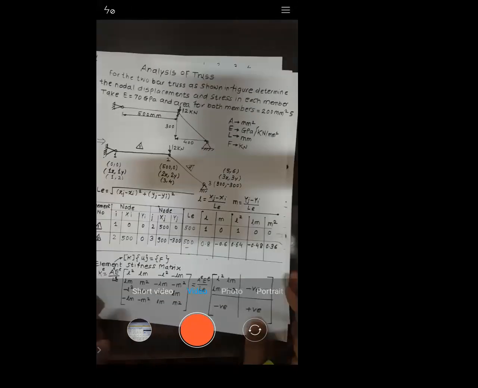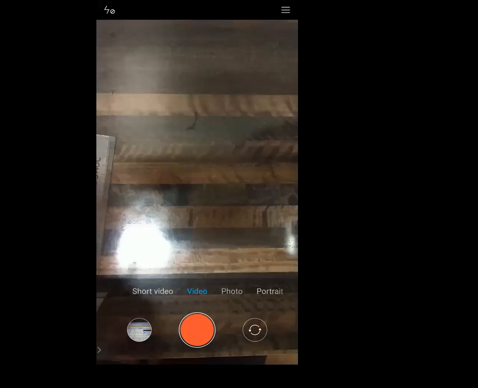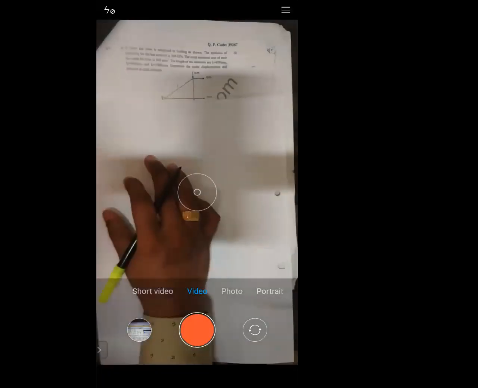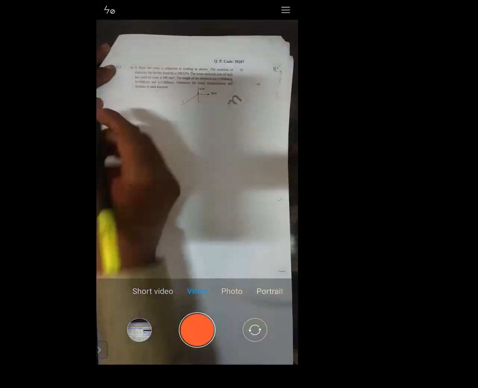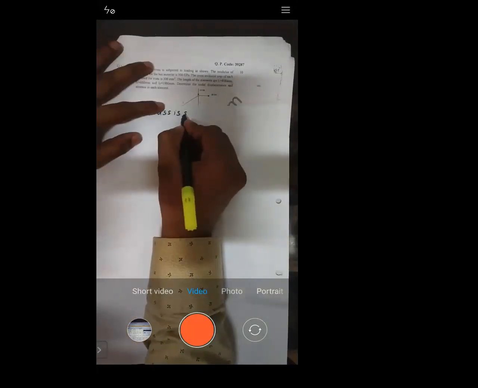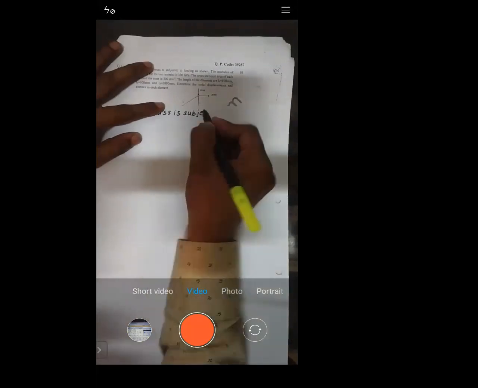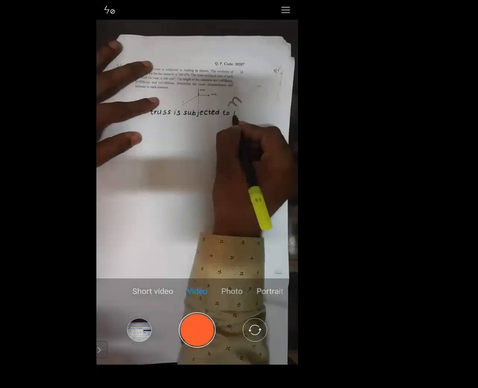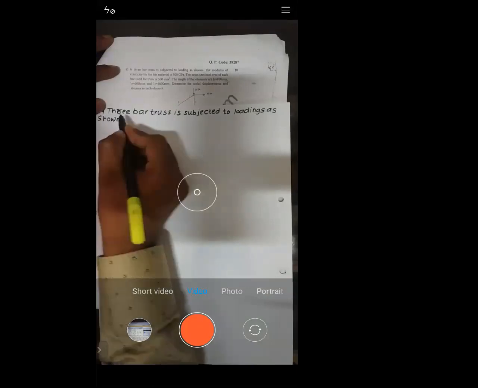Okay, so this was a problem which was basically from analysis of truss. What is given in the problem is a 3-bar truss subjected to loadings as shown in the figure.